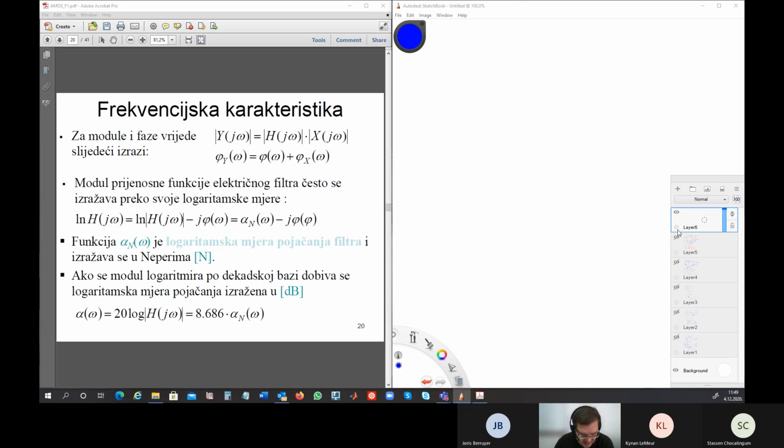We always apply logarithmic measure, which is given here.